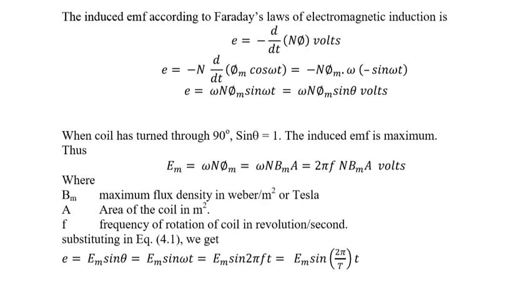This is clearly evident from this part of the equation, and this negative sign is on account of Lenz's law that the EMF induced opposes the very cause of its own production. Further, when we simplify this, it becomes minus N phi m omega inside bracket minus sine omega t.